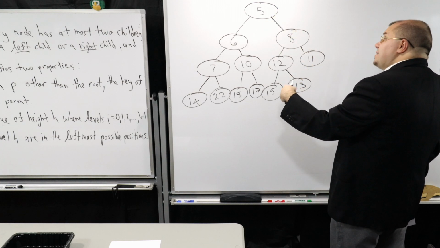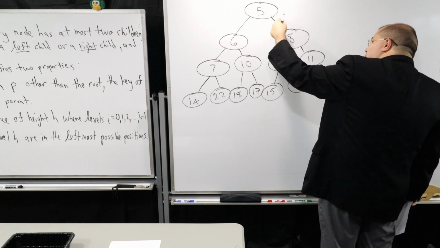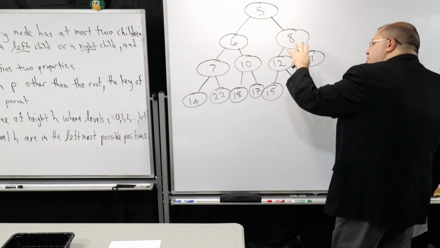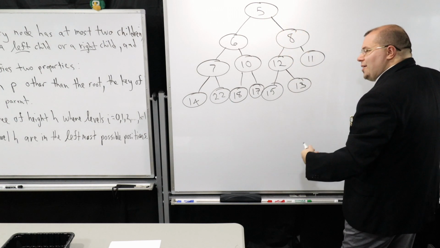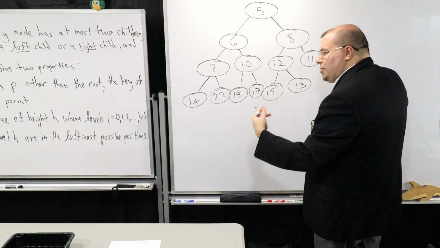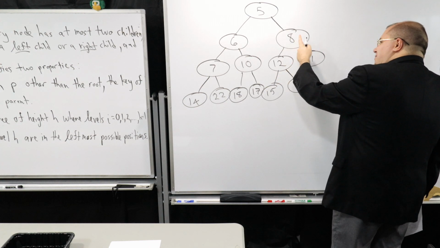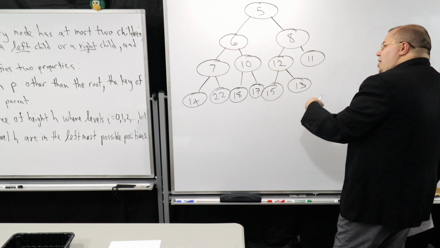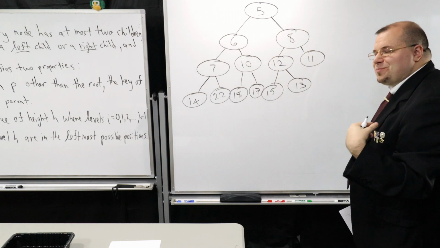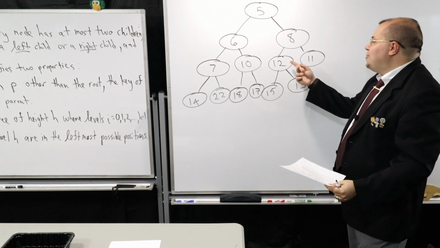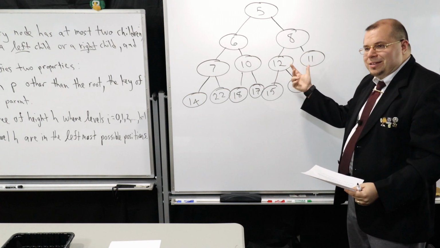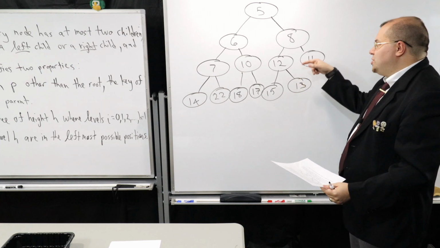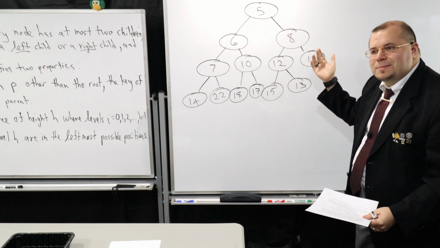Another way you can view this is that if I look at any one node, all of the descendants of that node have to have a key that is greater than or equal to its own. So notice I have 8, and all the keys of its descendants are larger than it. But I don't care about the difference between the left and the right child and their values, except for this heap order property being satisfied.